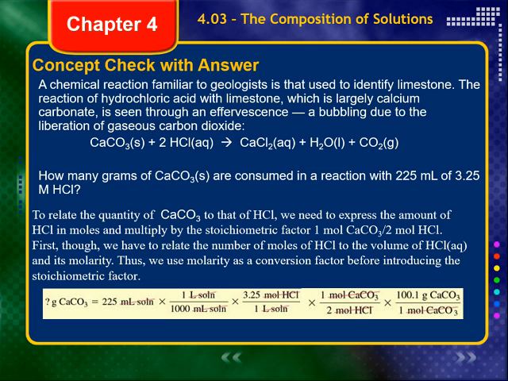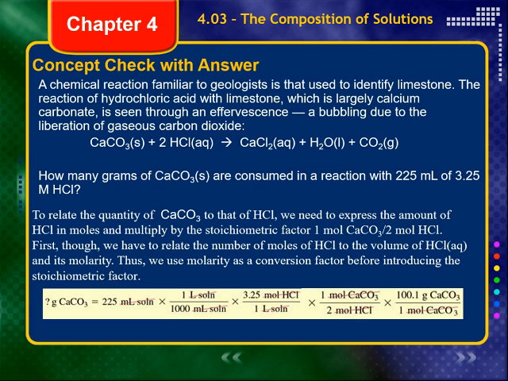And so if we're going to get into the moles of this substance, and again, we have 3.25 molar HCl, that means that for every 1 liter of solution, there's 3.25 moles. We're going to have to convert that milliliters into liters. And so we have a 1 liter over 1,000 milliliter conversion factor. That gets rid of the milliliters. Now we're talking about liters of solution.